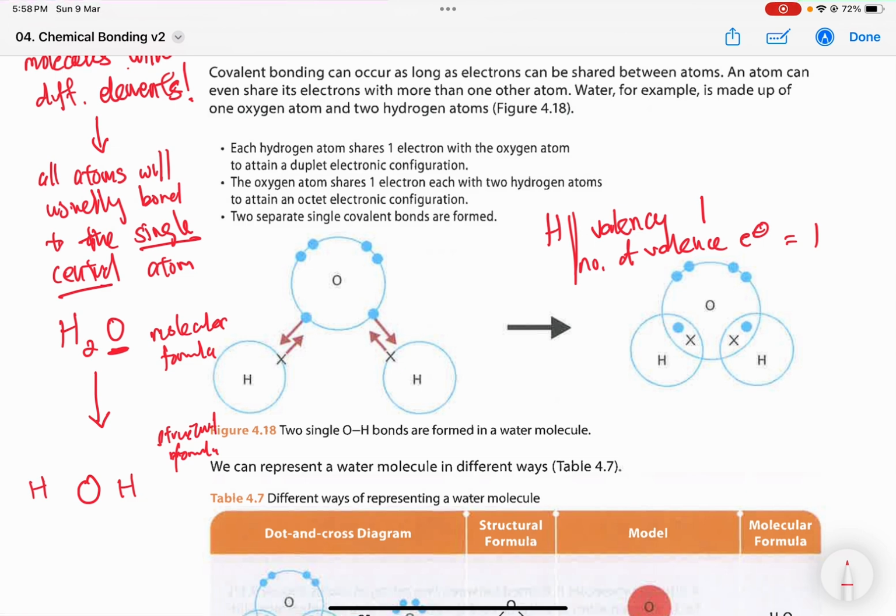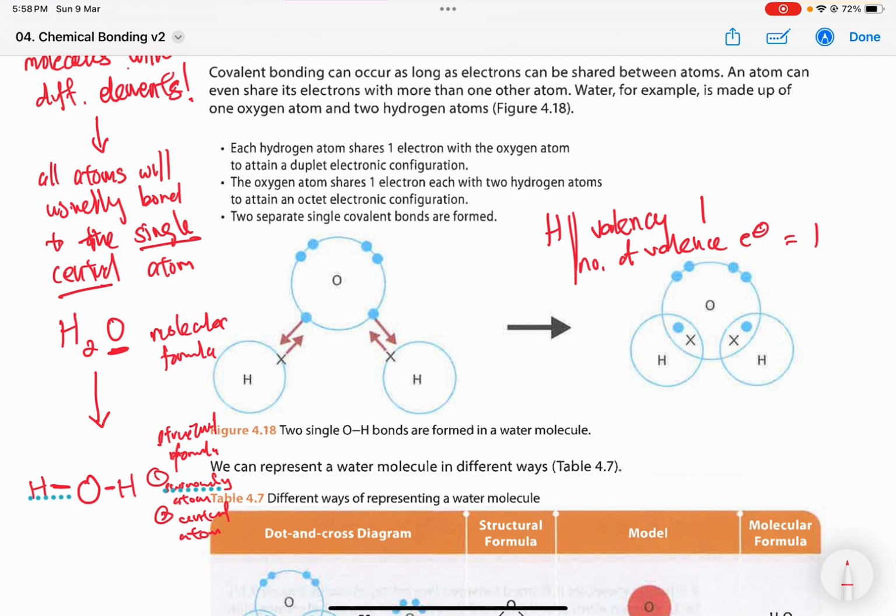H valency 1 means it will form 1 bond. So this H will form a single bond with the O in the middle. Another surrounding H will form a single bond with the O. So once I'm done with the surrounding atoms, this is the first step. Second step, then I'll look at the central atom.